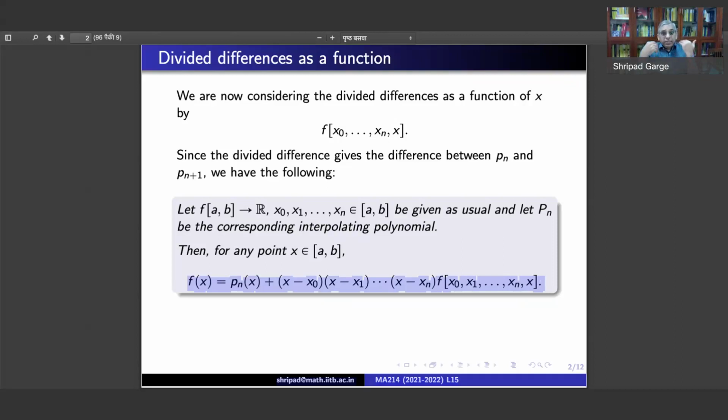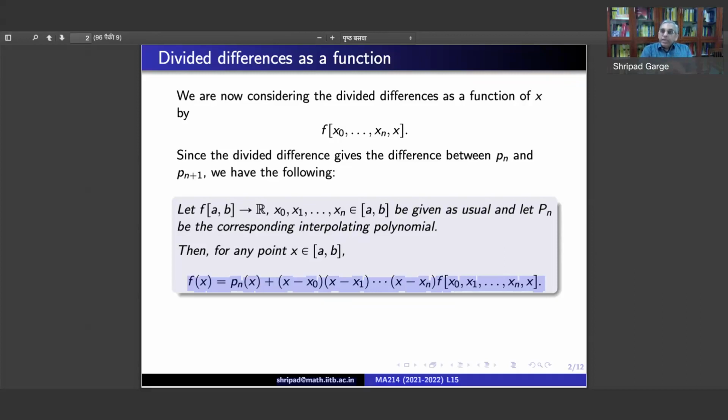Then there is the polynomial Pn plus 1, which will interpolate the function f at the data x0, x1 up to xn plus 1. So the value at xn plus 1 will be given by the corresponding formula. And that we declare is also true whenever x also happens to be equal to one of the xi's.